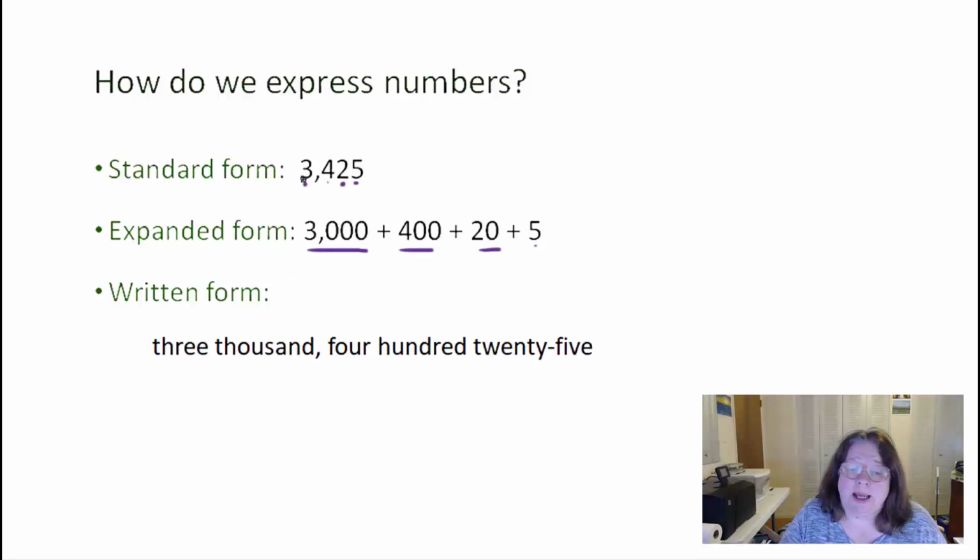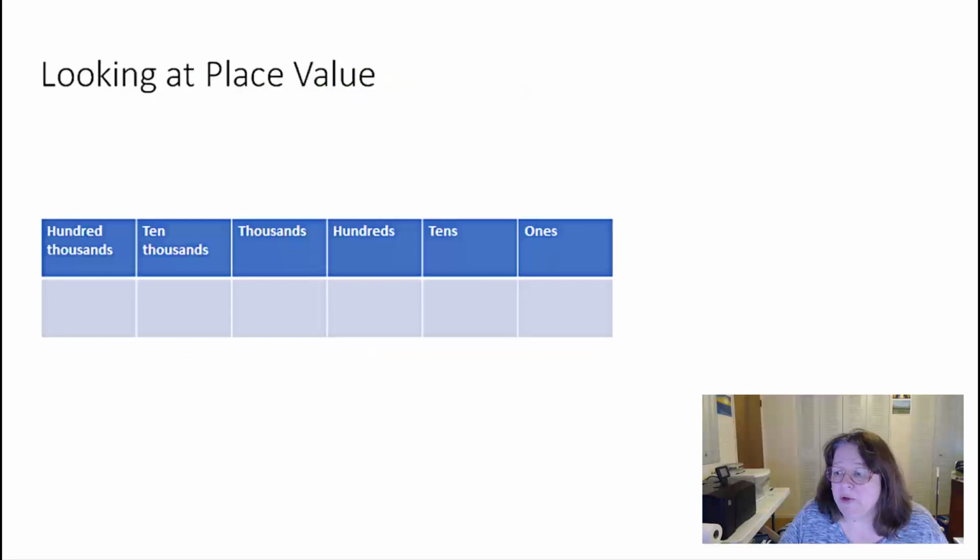There should be as many digits in the number as add-ins we would have. And then finally there's the written form. Many times the written form is exactly how you would say it when you read the number aloud. 3,425.